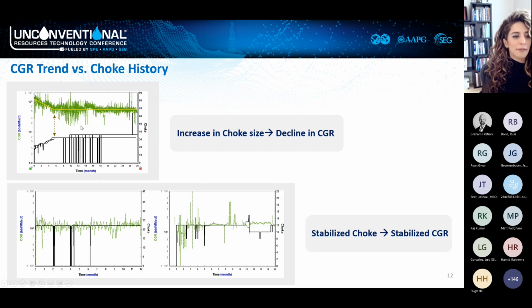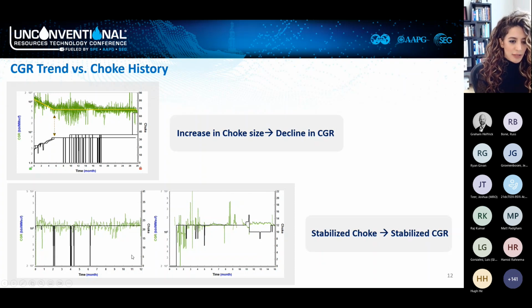And this trend of how CGR decreases while the choke size increases has shown itself over and over. And I will, in the next slide, show you more examples. But this was one class of a correlation between choke and CGR, that an increase in choke size, if you ramp it up, you will see an immediate, linear decline in the CGR.